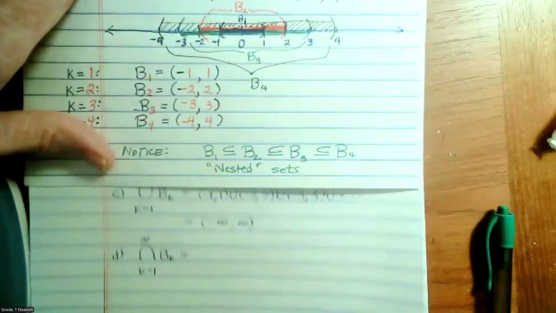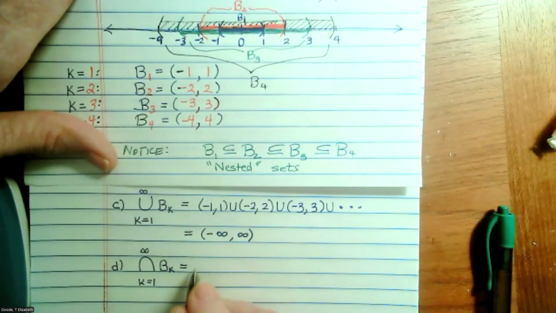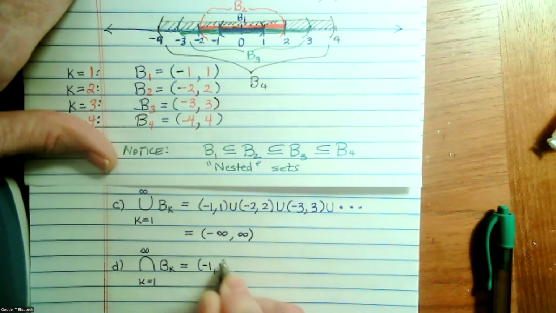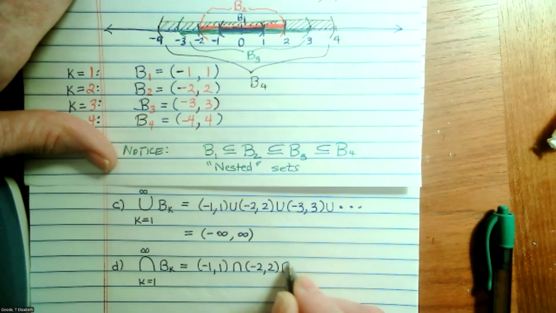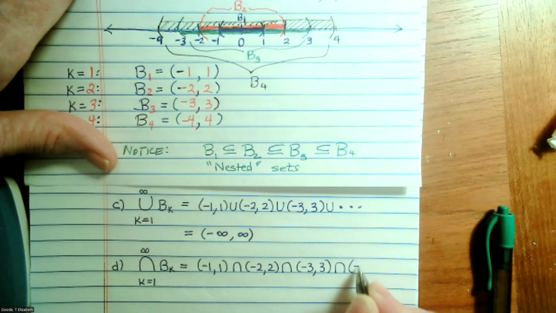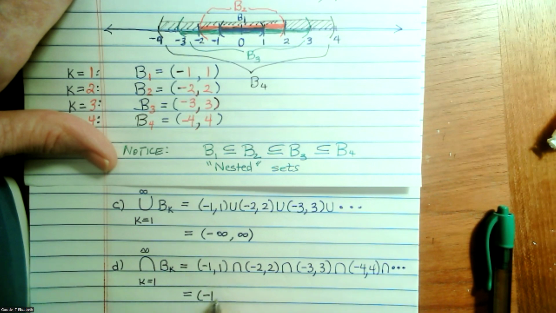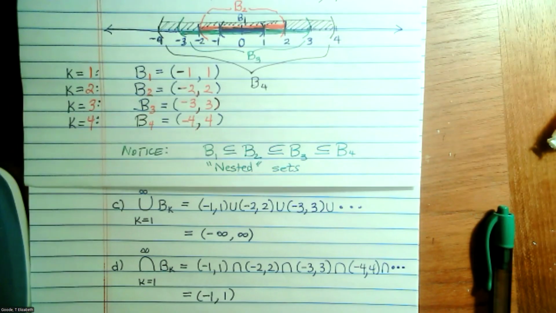Well, does it matter if you keep including more and more sets in your intersection when they're nested like this? Then the -1 to 1 is still going to be in the middle. That's right. These are the only x's that will be in all of these. That's exactly right.